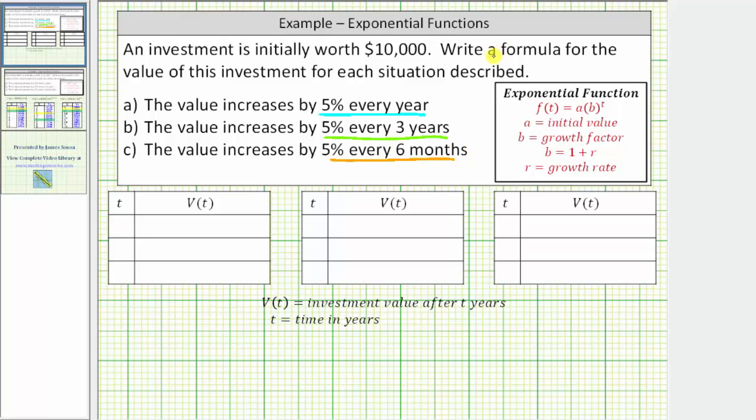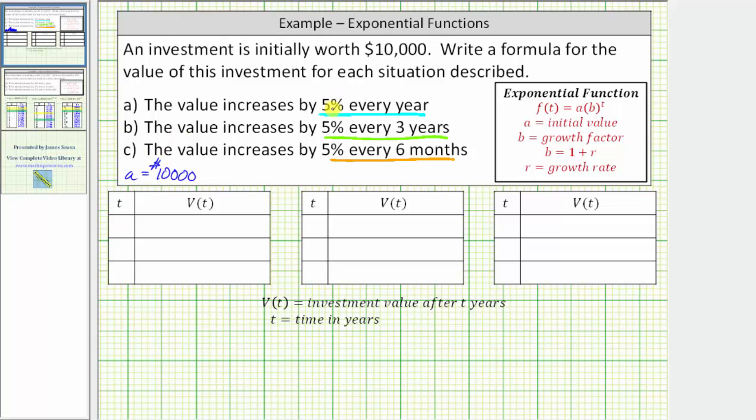We'll be writing the formula as an exponential function in the form f of t equals a times b raised to the power of t, where a is equal to the initial value or starting amount, b, the base, is the growth factor, which is equal to 1 plus r, where r is the growth rate expressed as a decimal. So in each situation, the initial investment is $10,000, which means a is equal to $10,000.